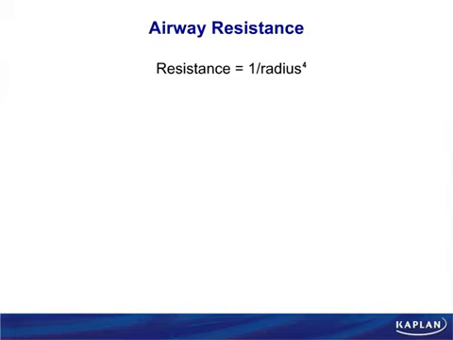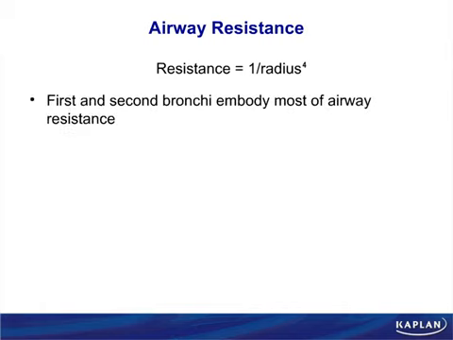Remember still, resistance is inversely related to the radius to the fourth power. Now it turns out the first and second bronchi is the site of most of the airway resistance. Okay, that doesn't seem to jibe up very well with the idea of resistance being inversely related to the radius to the fourth power.